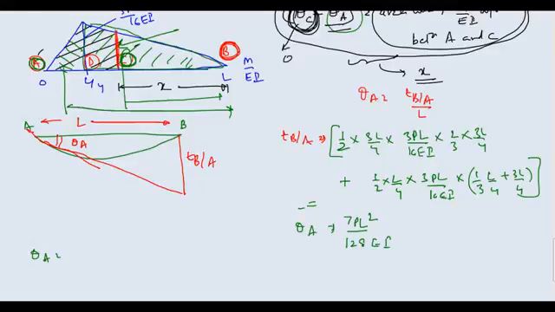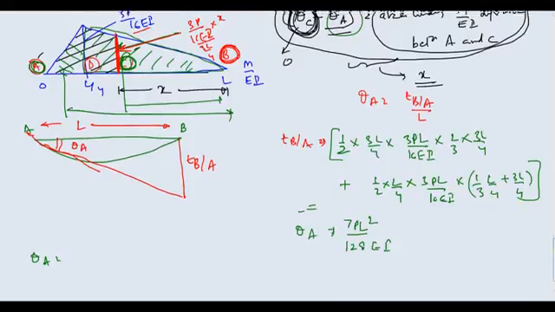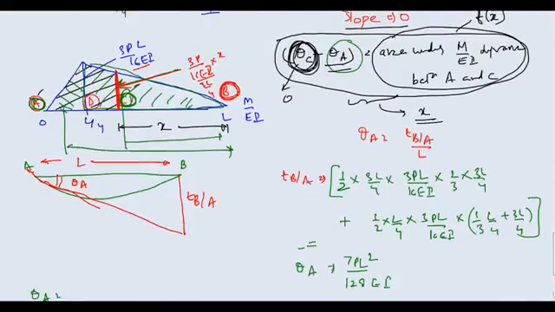This value that I am marking in red, suppose this is 3PL upon 16 EI, so this will be equal to 3P upon 16 EI divided by 3L by 4, multiplied with X. You know this value, and it is at a distance of 3L by 4.